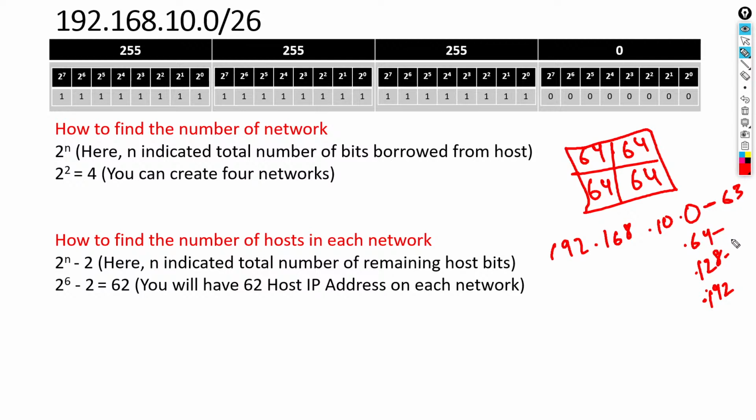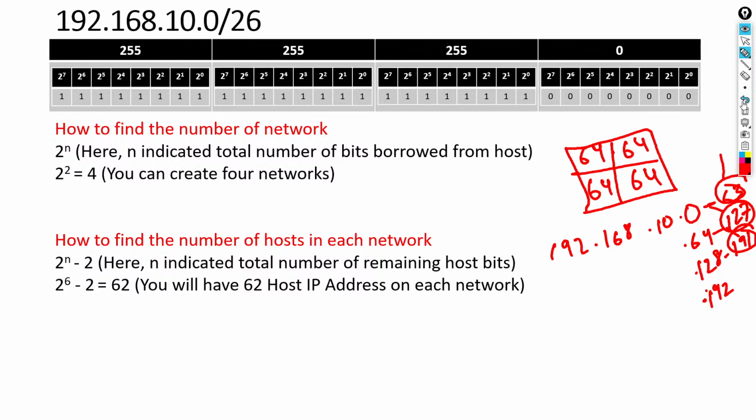The next network starts from 128, so the previous one ends at 127. The next starts from 192, so it ends at 191. So 63, 127 and 191 are the broadcast IDs. Clear? I hope you have got the concept.